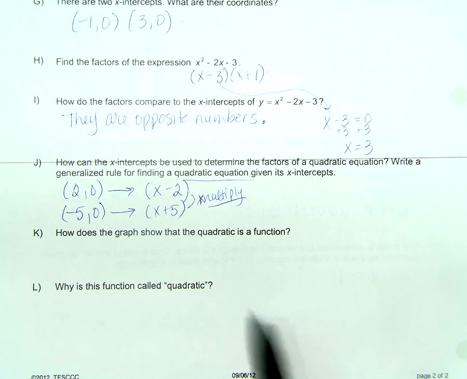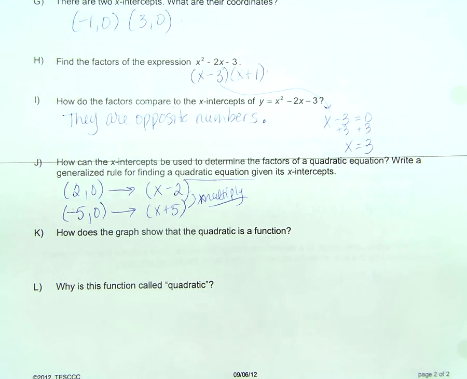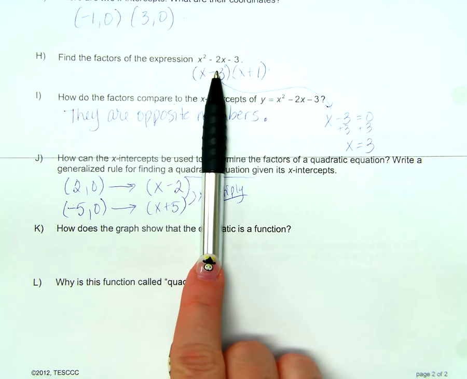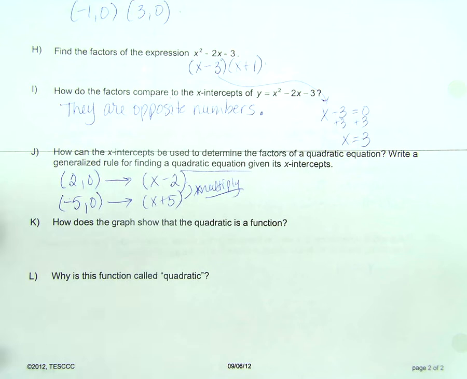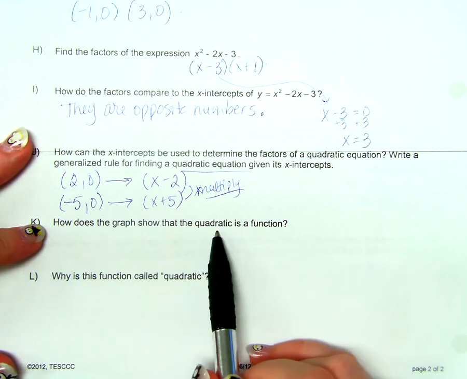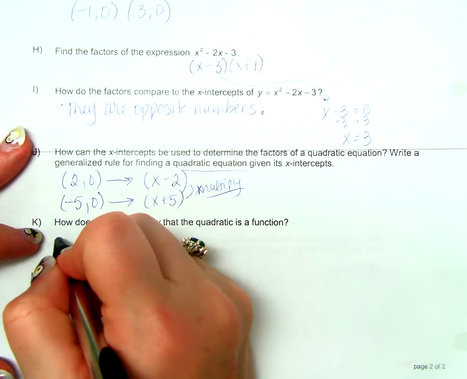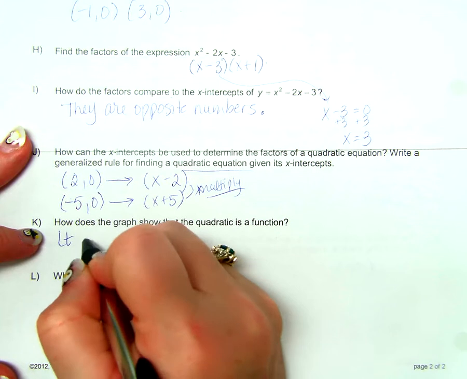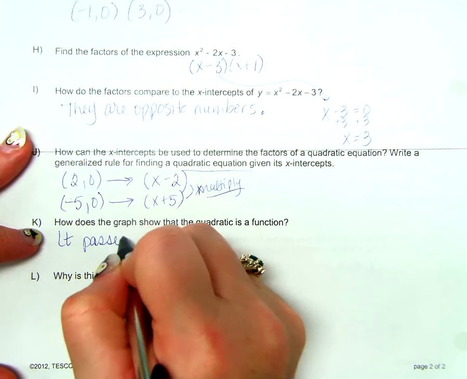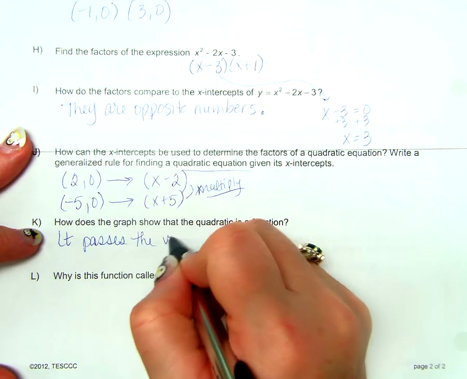How do we know if something's a function or not? There's two ways that we talked about it. The first way is the vertical line test, right? How does the graph show that the quadratic is a function? So first, it passes the vertical line test.